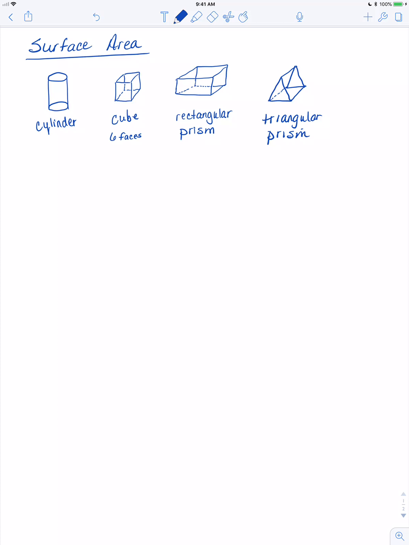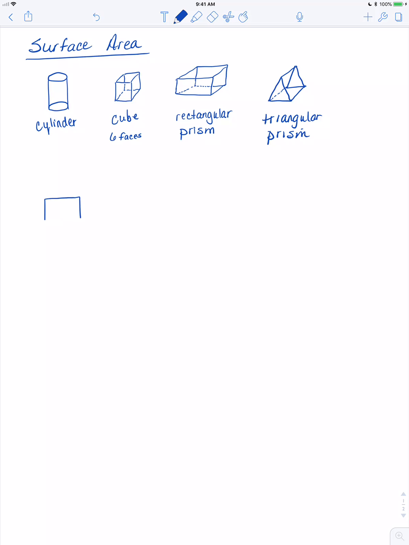Let's see, what else do we need to know? Different shapes here. So we have pyramids, but I'm going to skip the questions on pyramids right now. But you have pyramids that have different shapes.